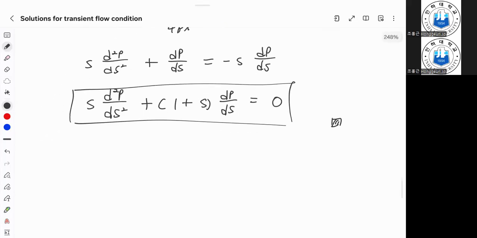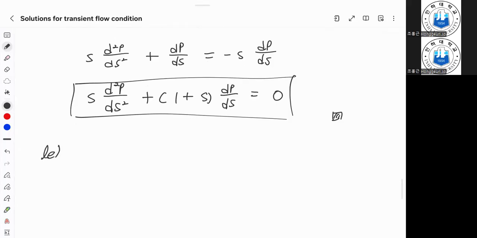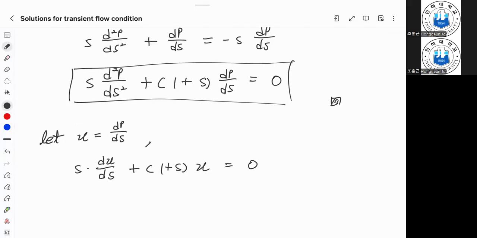We are going to tackle it step by step. So let u, this is not really a new variable, but we just want to make it u as dP ds. Then what we have is s times du ds plus 1 plus s u is equal to 0.